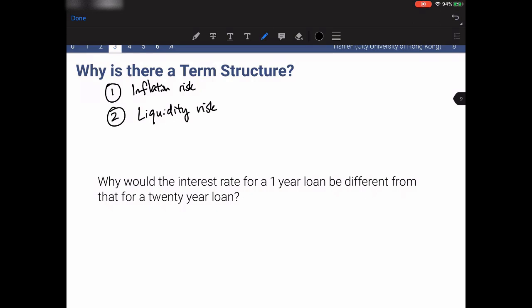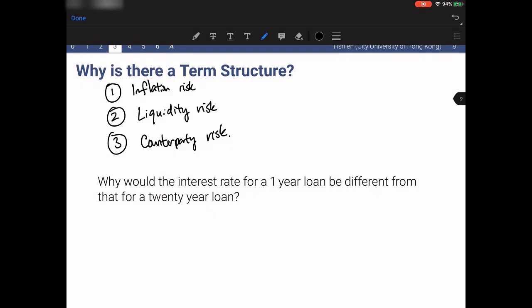Number 3, another possible source of a non-flat term structure, is counterparty risk. As you can imagine, firms, financial institutions, and central banks will issue a wide range of bonds with different maturities, right? You have bonds that mature within 5 years, bonds that mature within 10 years.